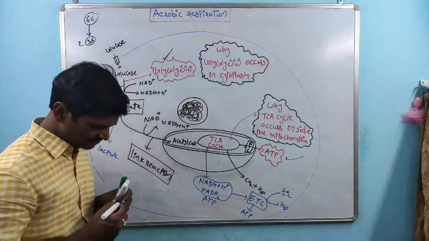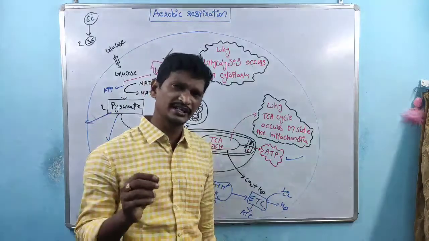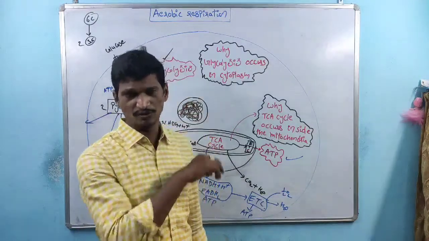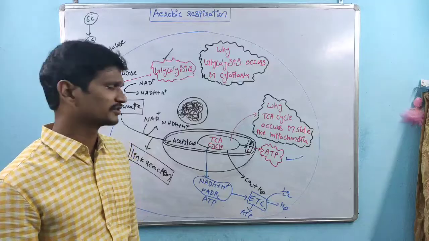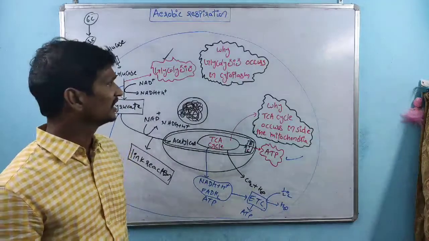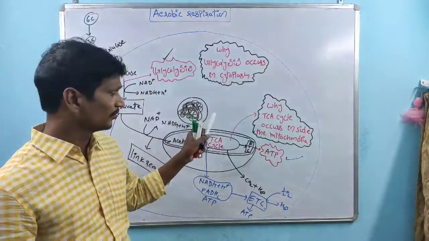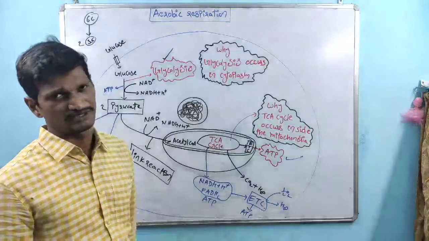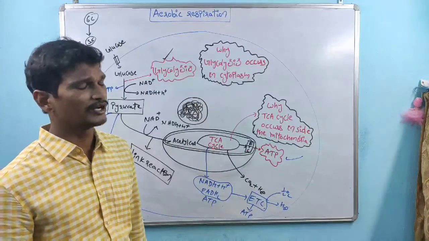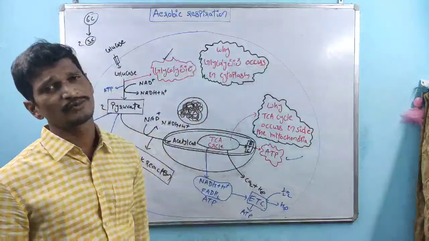So what I'm asking here is, there is no direct involvement of oxygen with the TCA cycle. Then why is oxygen required for the aerobic respiration process?